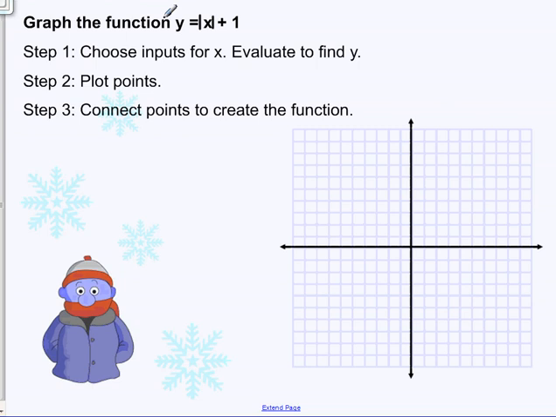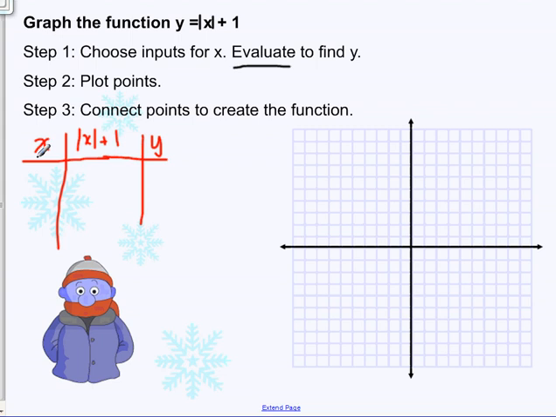Our first step is to choose inputs for x and then evaluate to find y. And by evaluate, I mean solve. So I have my x's, or my independent variables, and then I have my y's, or my dependent variables. And then I have this function, which is the absolute value of x plus 1.